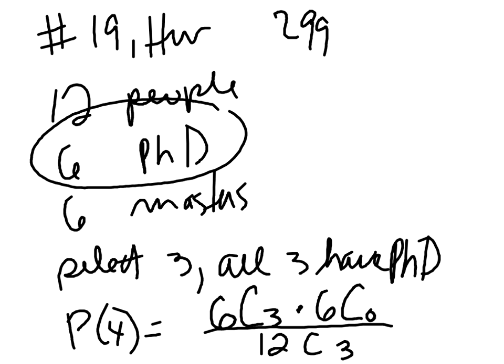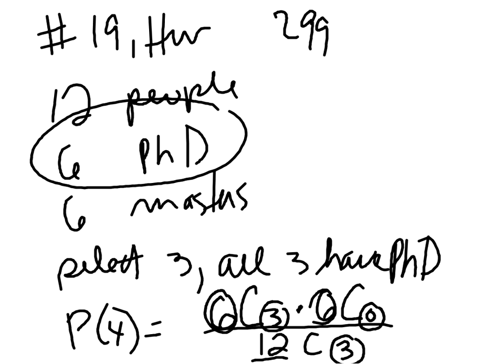To verify this, I noticed that 6 and 6 add up to the 12, the total number of candidates, and that we've taken care of the 3 to be interviewed by the fact that all 3 are going to have a PhD, and that would leave none of the interviews for a master's.